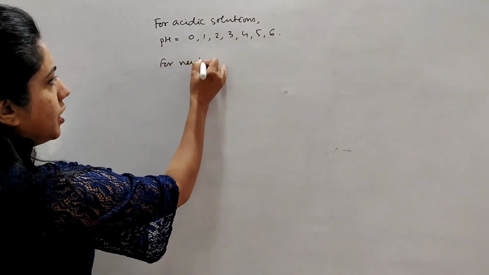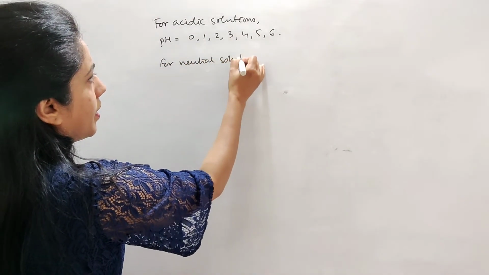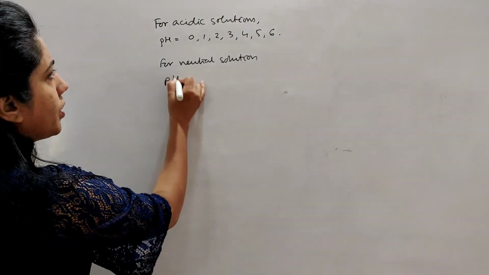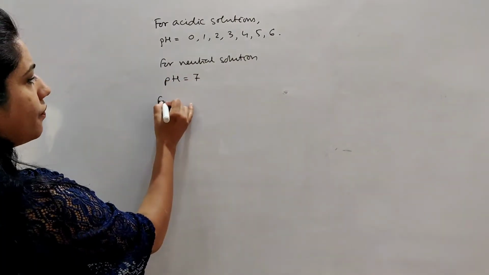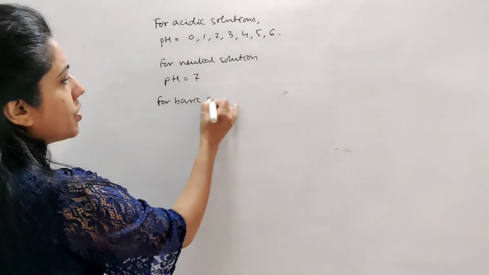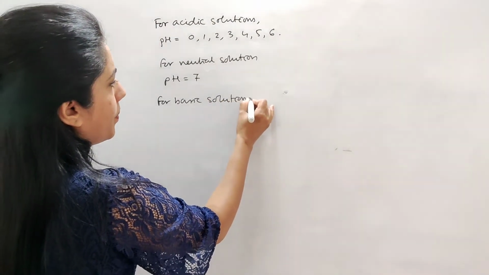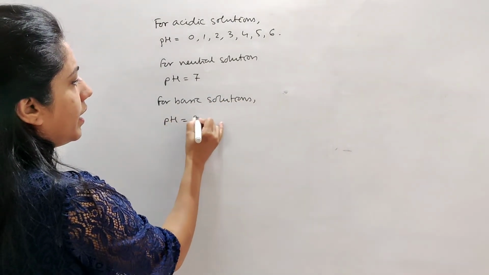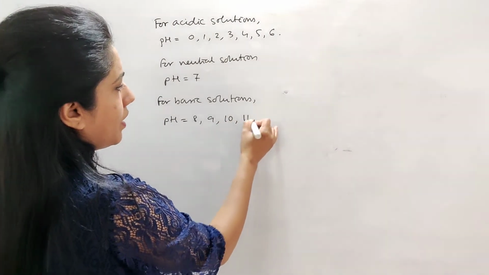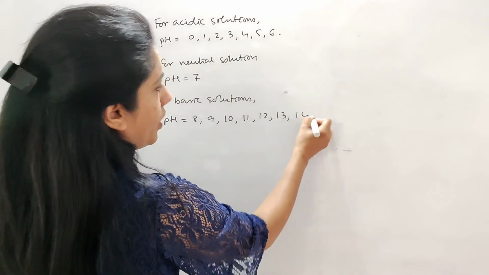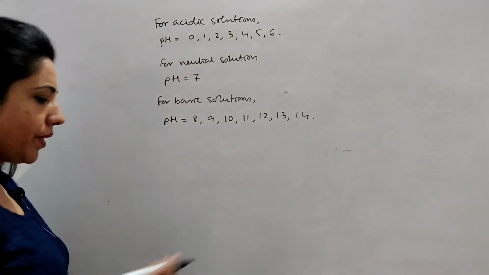For neutral solution, pH is equal to 7, and for basic solutions, pH is 8, 9, 10, 11, 12, 13 and 14. So this is our conclusion.